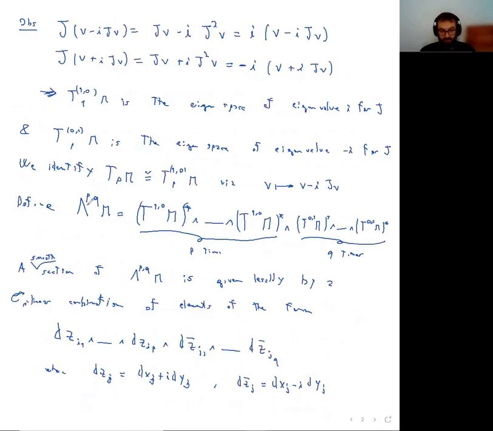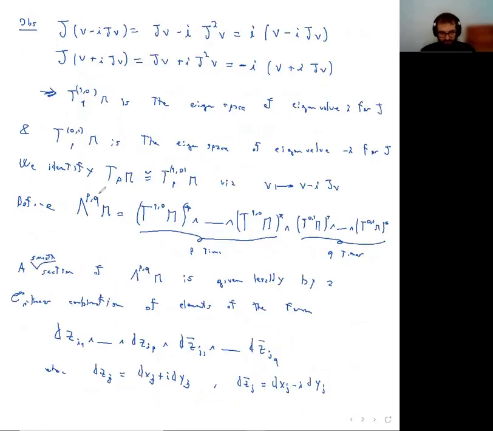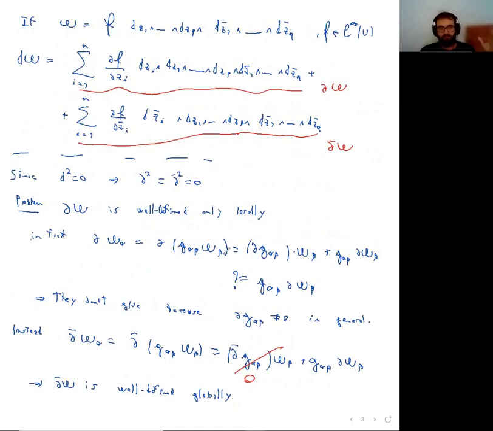We use this to define what P,Q forms are. Our sections of this bundle locally look like this. Then we observe that P,Q forms are a subset of P plus Q forms. Every n form can be decomposed as a sum of P,Q forms for every P and Q such that P plus Q is equal to n.